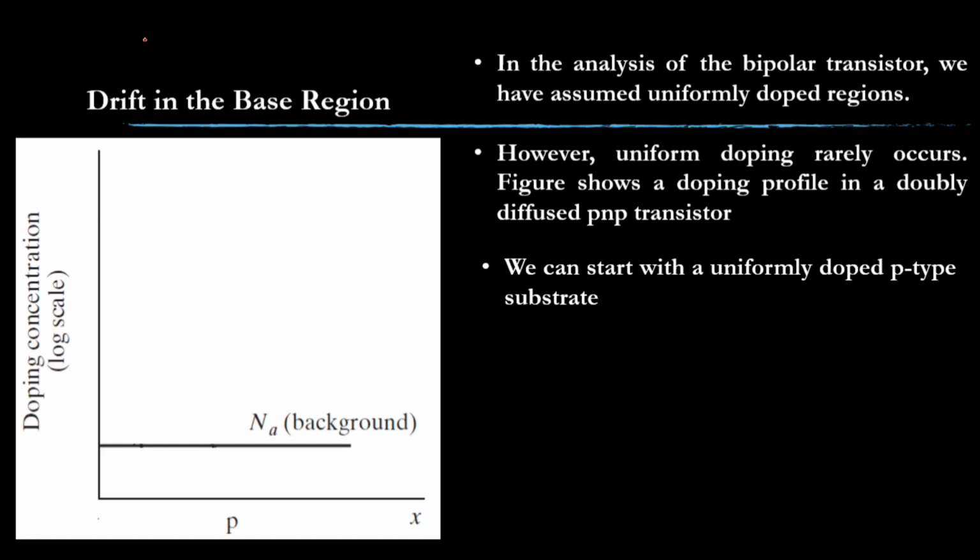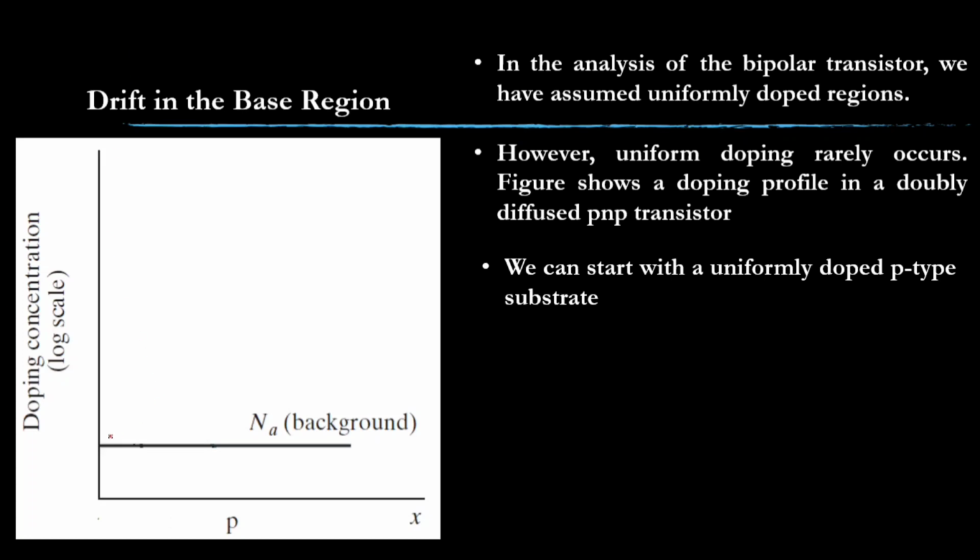It is uniformly doped, a p-type substrate. When we add acceptor atoms to the semiconductor we get a p-type semiconductor, and in the initial stage we do a uniform doping throughout the semiconductor.